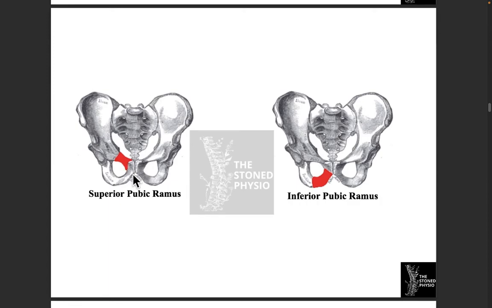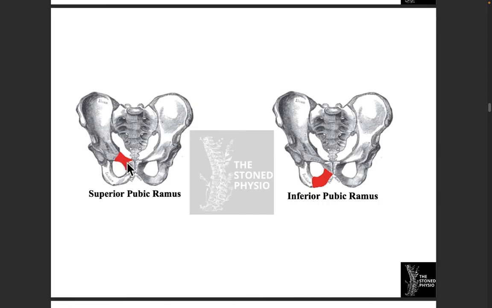We have got this structure that is called as the pubic body. This is the superior ramus, and यहाँ तक कहीं हमारे पास एक inferior ramus होता है, कहीं यहाँ तक. ठीक है, ramus means branch. ठीक है, तो a branch superiorly, a branch inferiorly. ठीक है, this particular part is called as the pubic body.